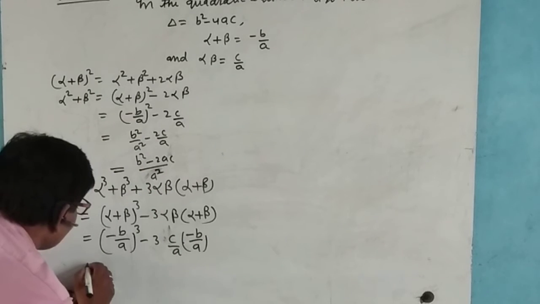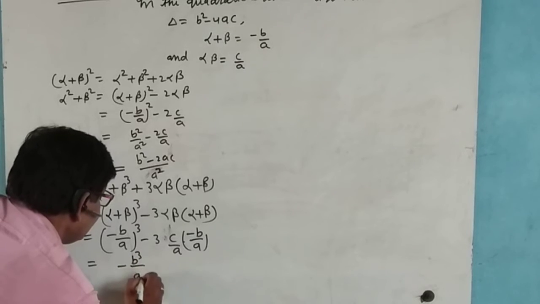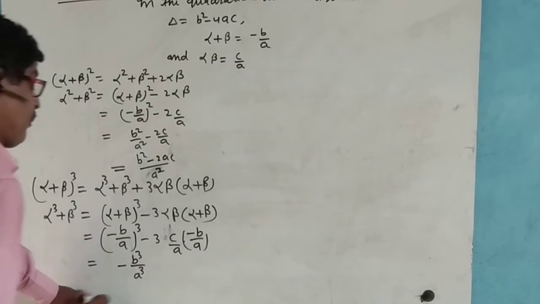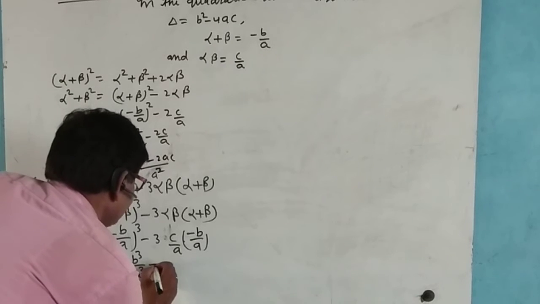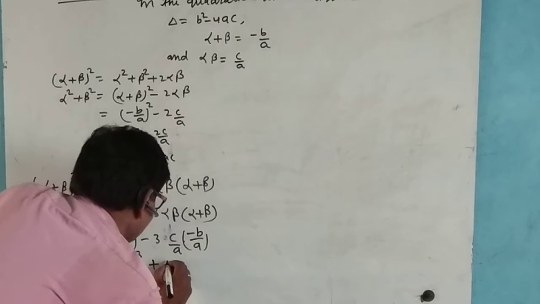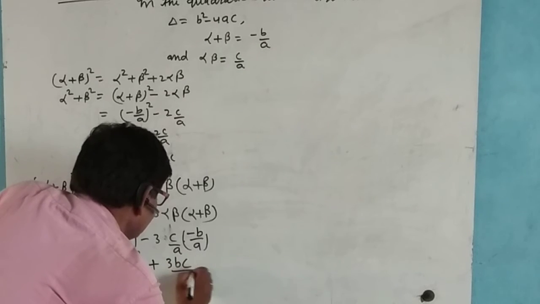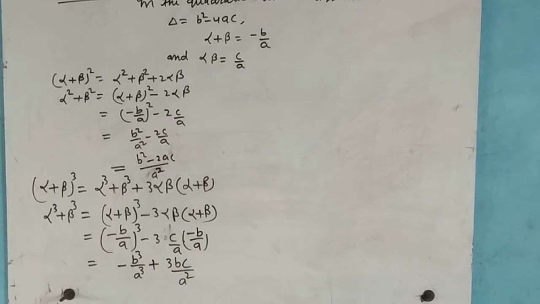Now this will be equal to minus b cube by a cube, and this will be minus minus plus 3bc by a square, 3bc by a square.